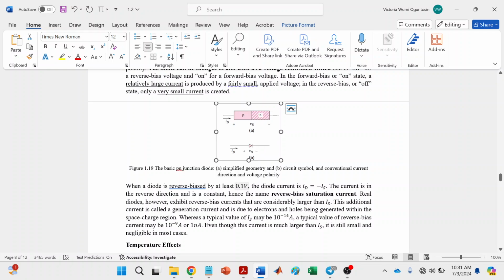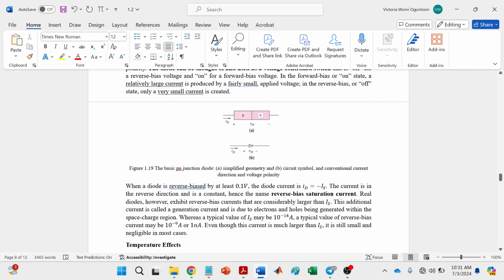When a diode is reverse biased by 0.1 volts, the diode current is equal to the negative of the reverse bias saturation current. That's why we got the name reverse bias saturation current as a result of this phenomenon.